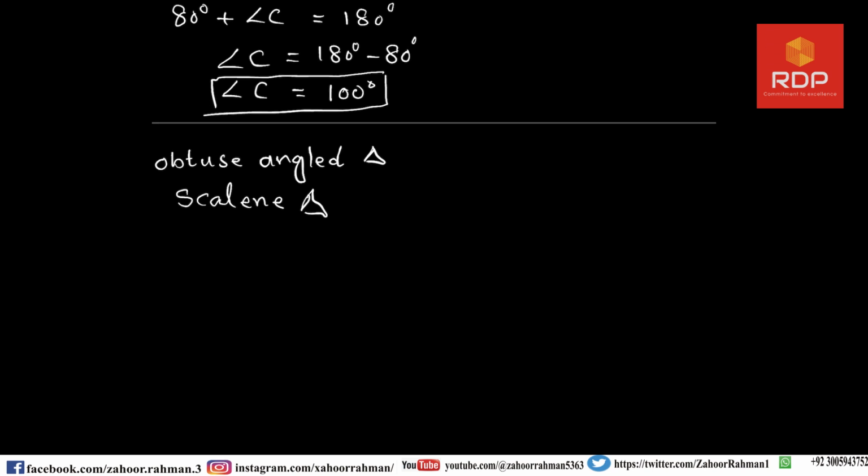Here is the blackboard, and now we are doing question number 2. What actually question number 2 is saying: for each of the following, the given angle is the base angle of an isosceles triangle. Find the third angle of the triangle.